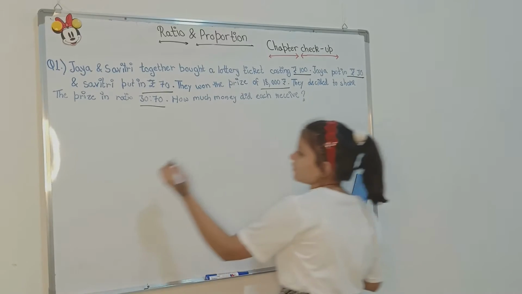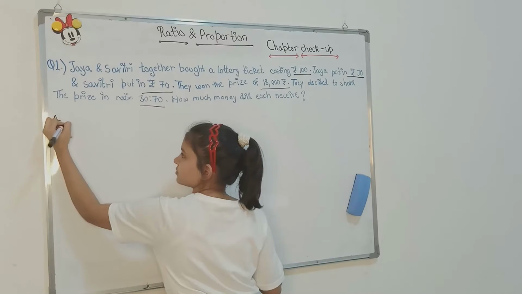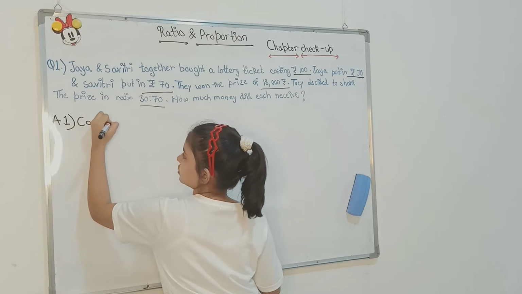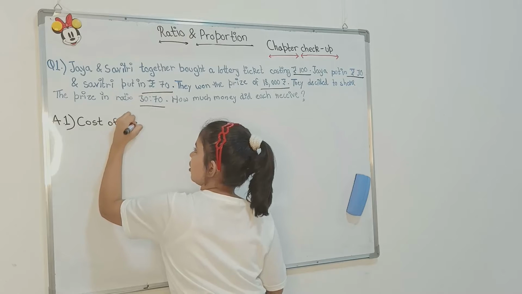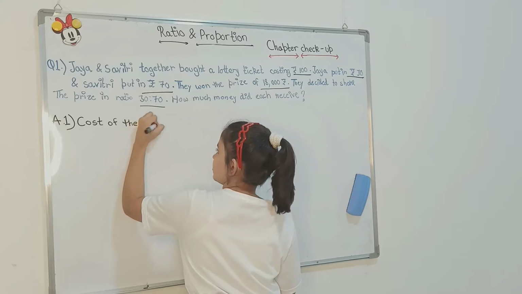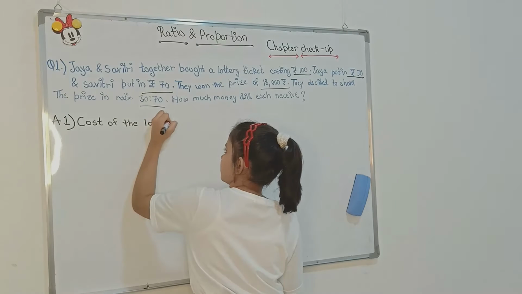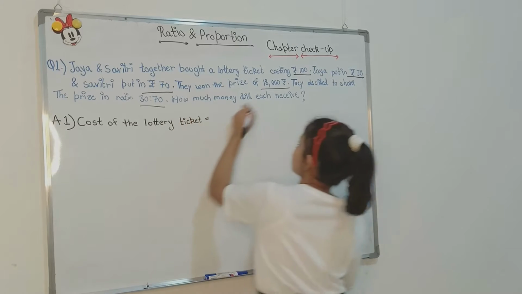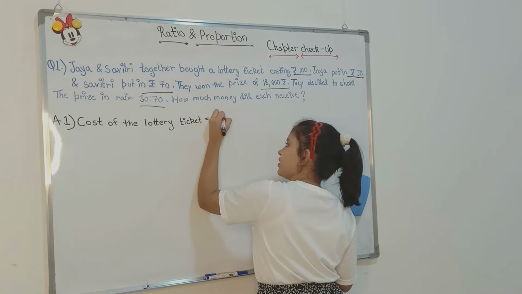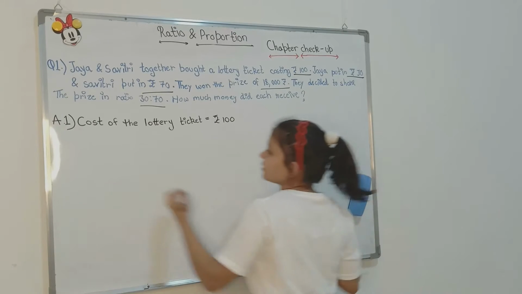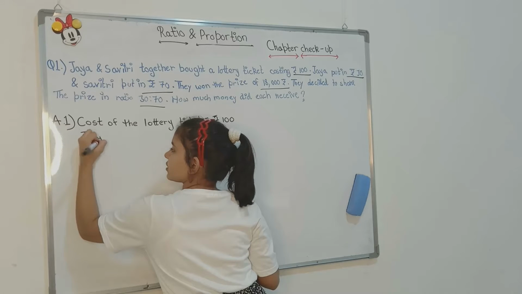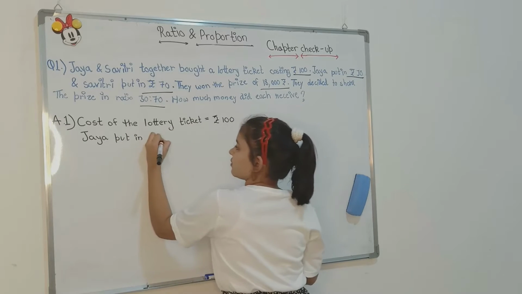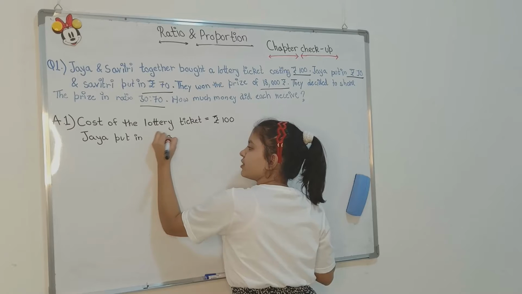First we'll write the cost of the lottery ticket. Answer 1: cost of the lottery ticket is equal to rupees 100. Jaya put in is equal to rupees 30.